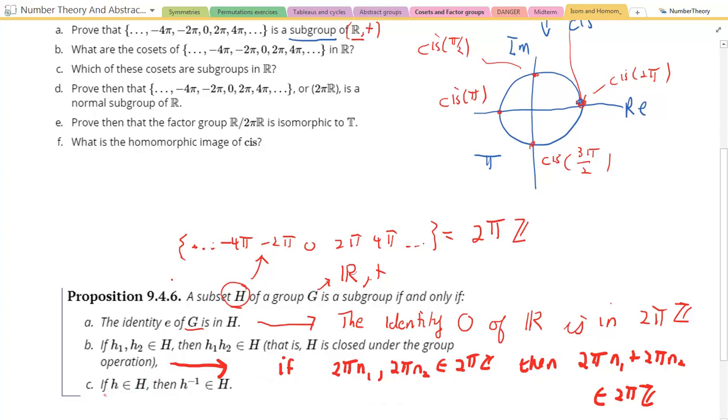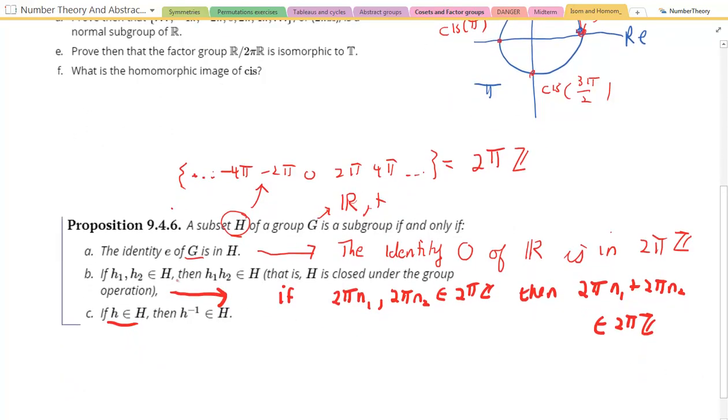Now this one here, again, to translate into this current case, we're replacing the H with 2 pi Z. So I say if 2 pi n is in 2 pi Z, then, because it's an additive group, the inverse here should be the additive inverse.